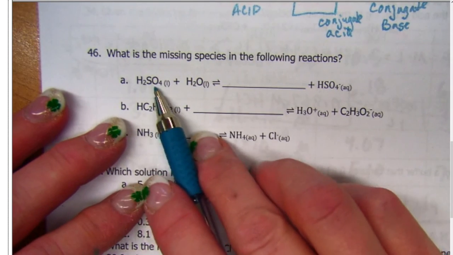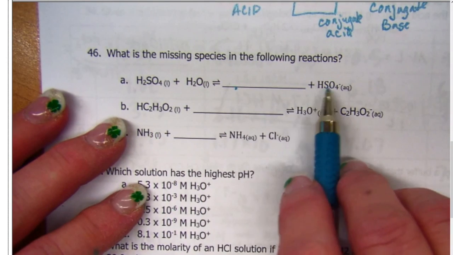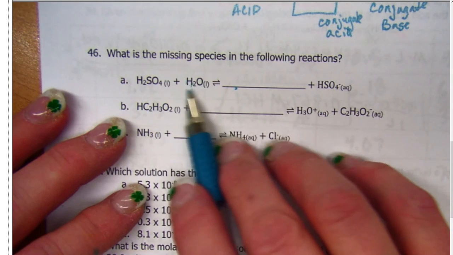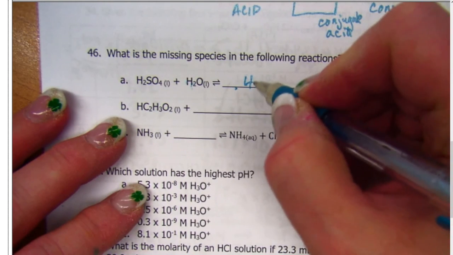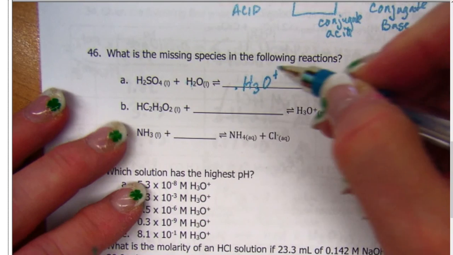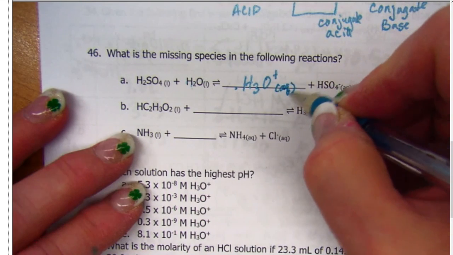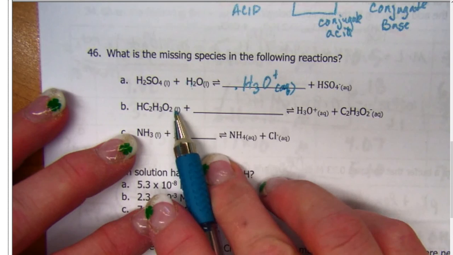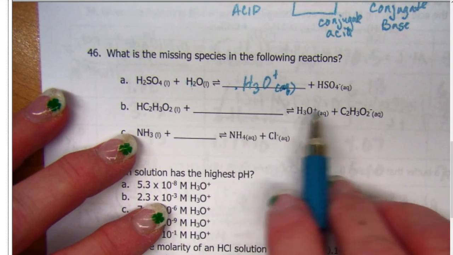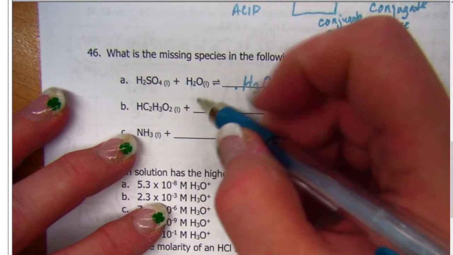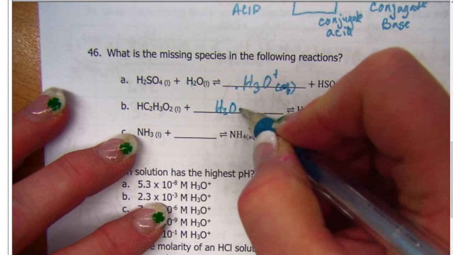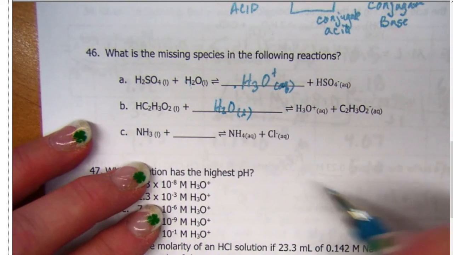So if we have H2SO4 plus water yields HSO4, that means water has gained a hydrogen, making H3O plus. And of course, anytime we have a charge, it's going to be aq. We have acetic acid plus something gives hydronium plus the acetate ion. That means we had to have water over here, and of course, it's always liquid.